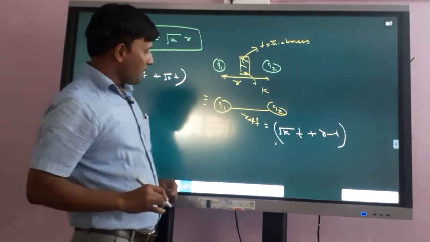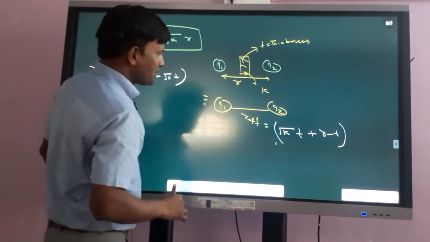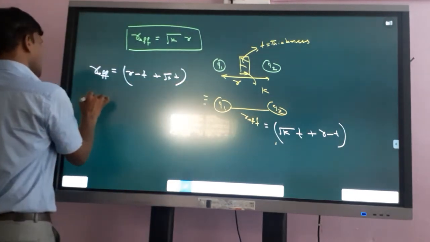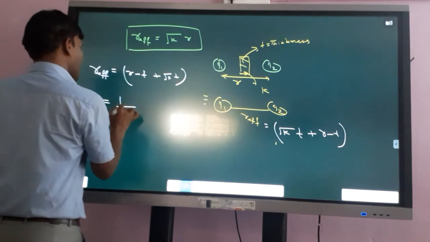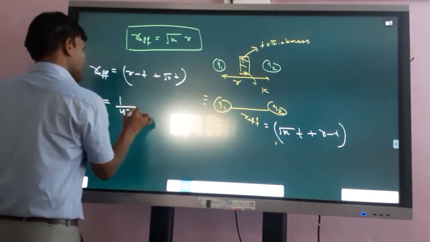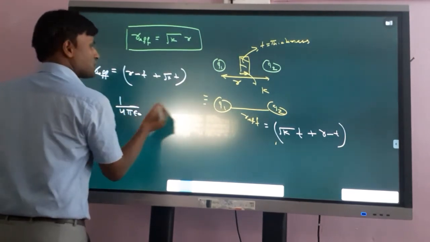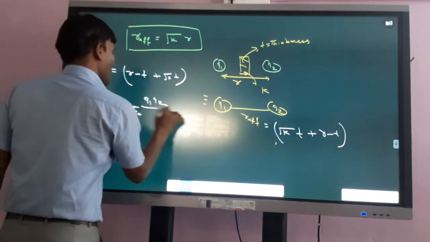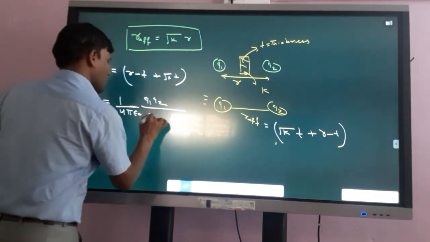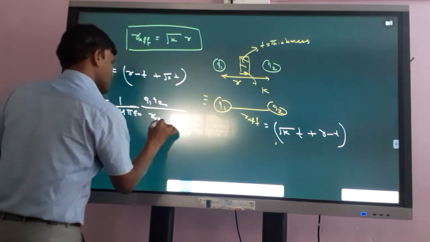And once R effective is there, we can find force easily, and that force is 1 by 4 pi epsilon naught Q1 Q2 by R effective square.